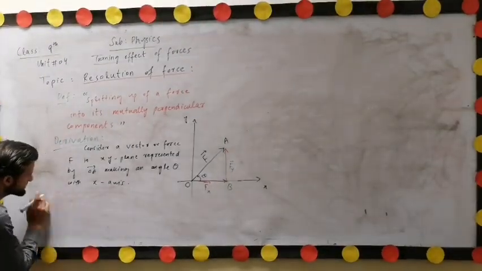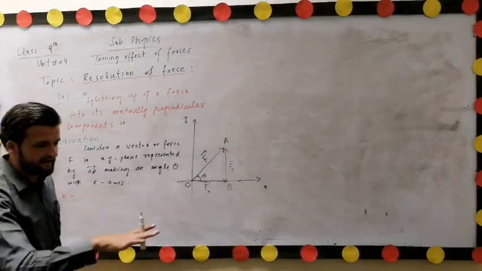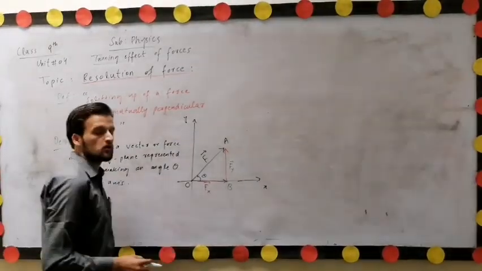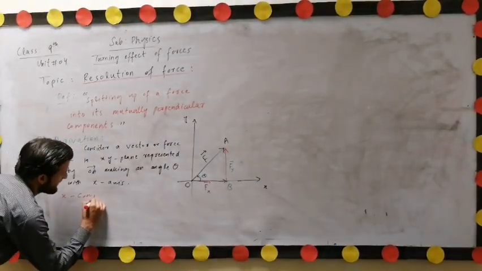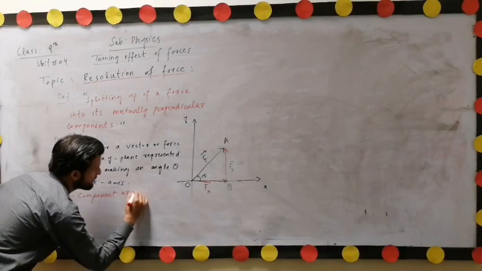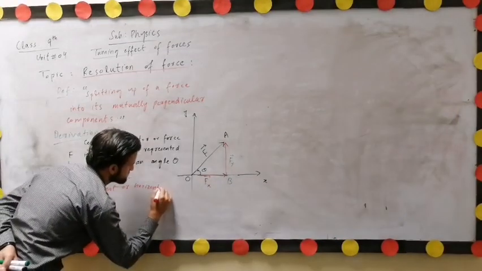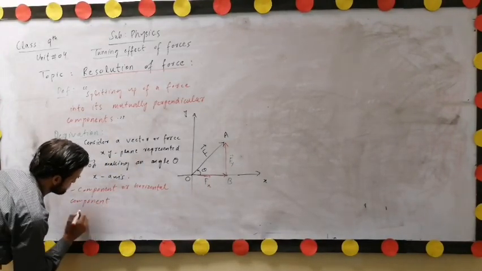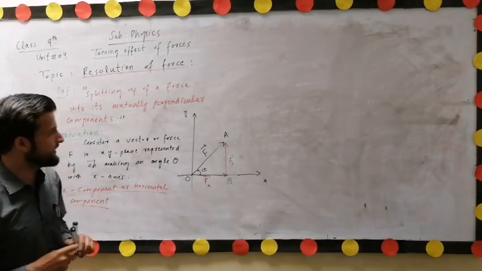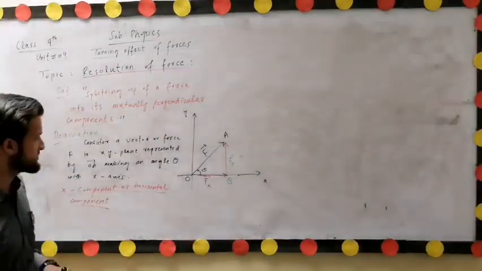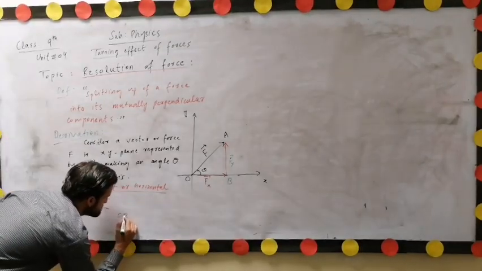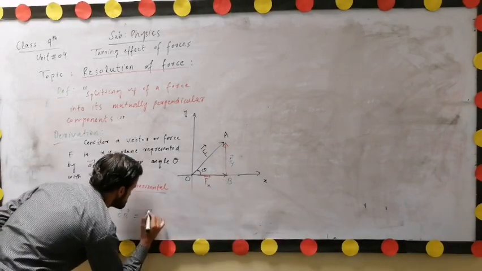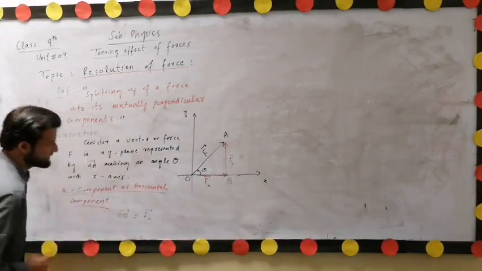First the x component, or horizontal component, that is parallel to the surface of the earth. The x component or horizontal component is represented by the vector OB, and it is Fx. This is the x component of this force.